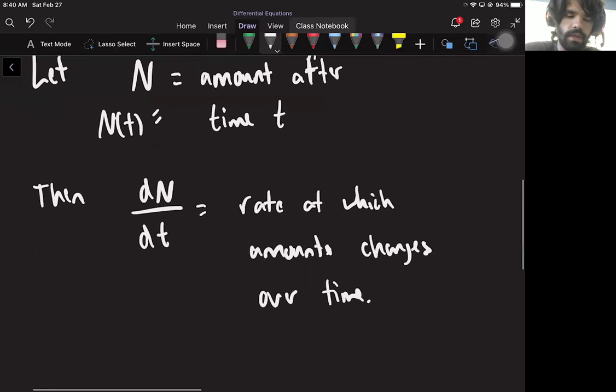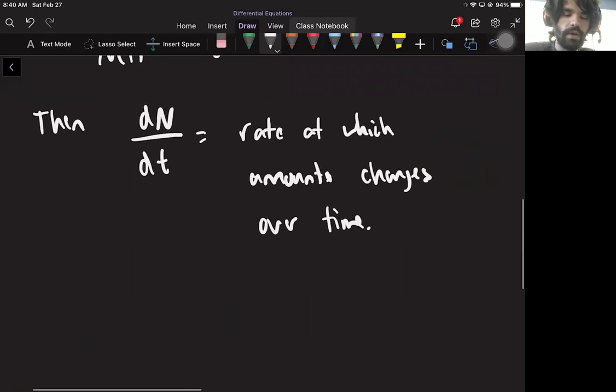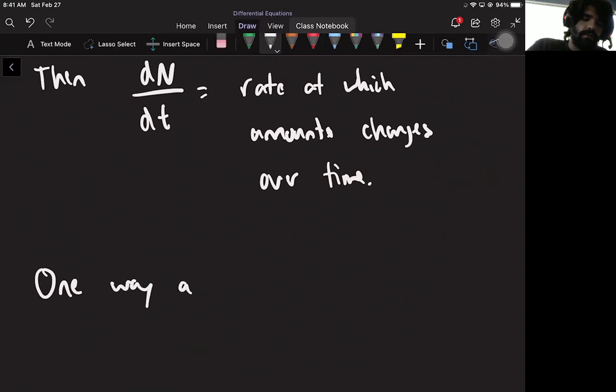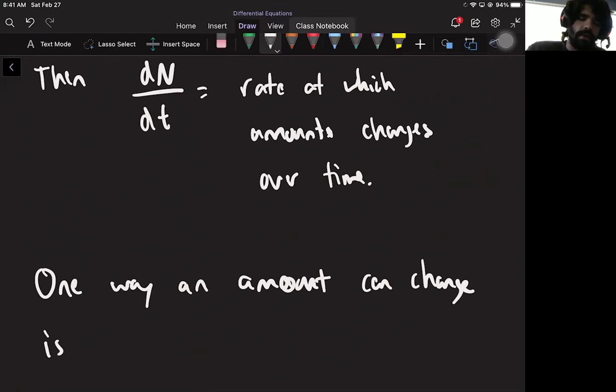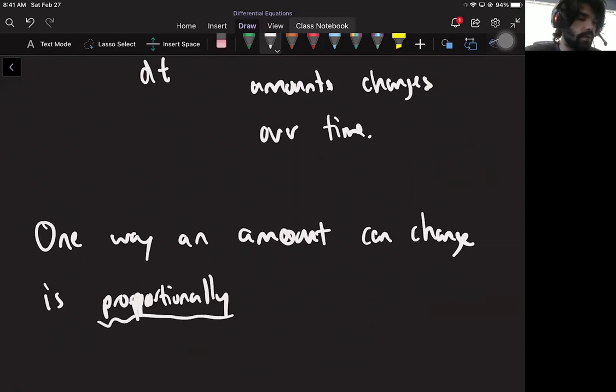And then what we need is a description of what's going on that we can take and write a differential equation from. So one way an amount can change over time, or sorry, one way an amount can change is proportionally, hard to spell, proportionally to the current amount.